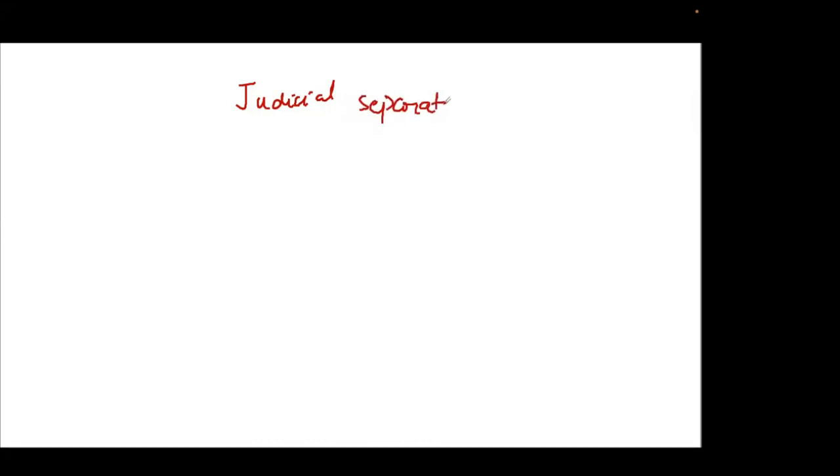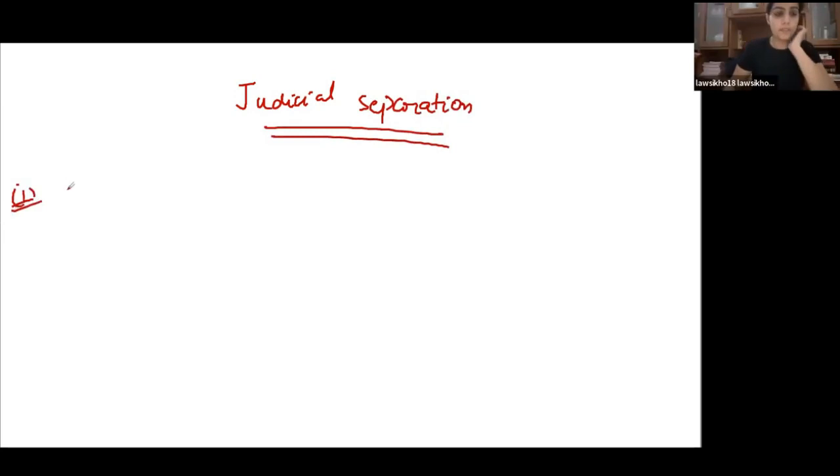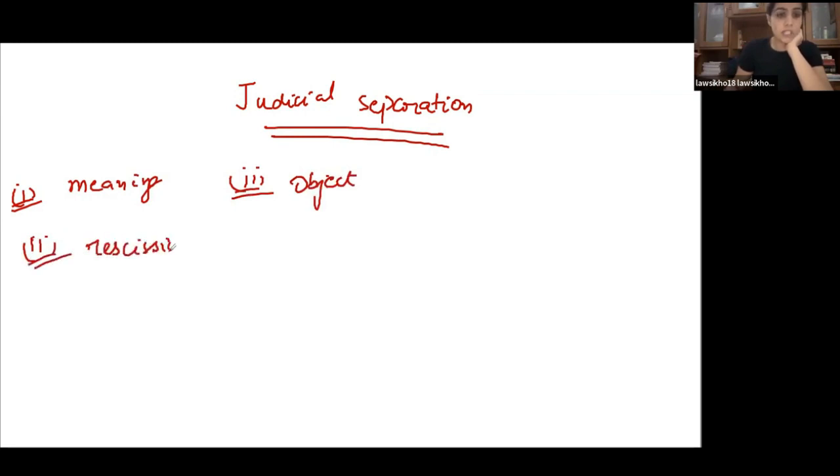Okay. So are we clear about judicial separation as well? So what are the important points that you have to remember? First of all, we understood the meaning, we understood the object, right? Then we proceeded on to discuss rescission of the decree. We also discussed the grounds which are common with divorce.